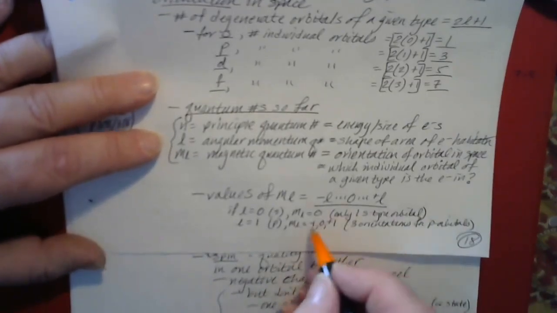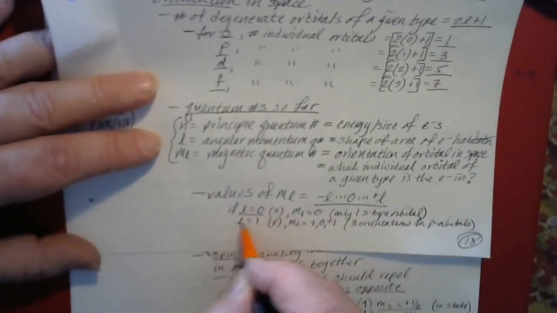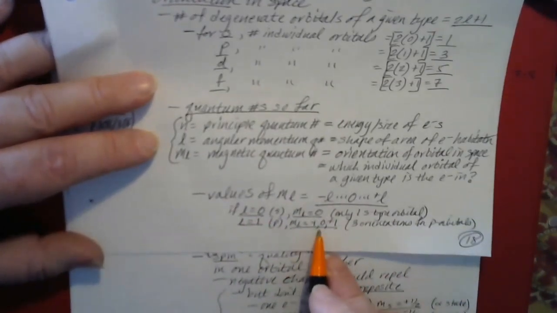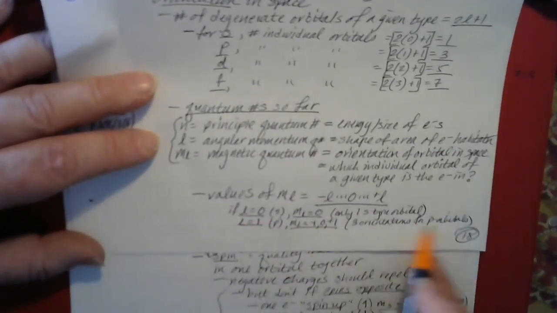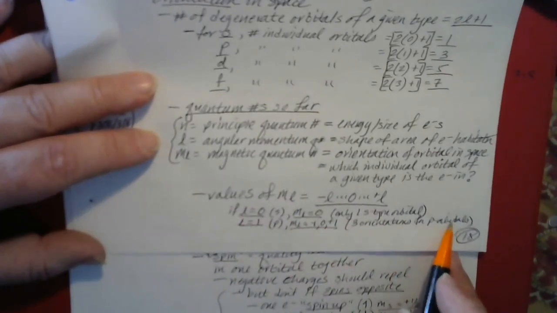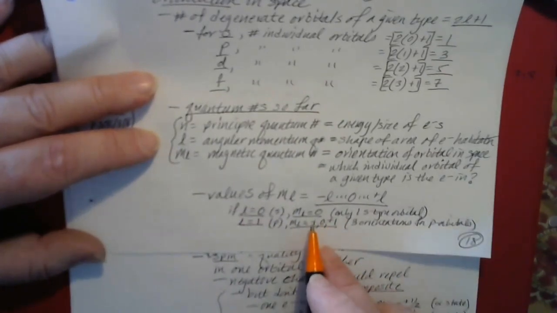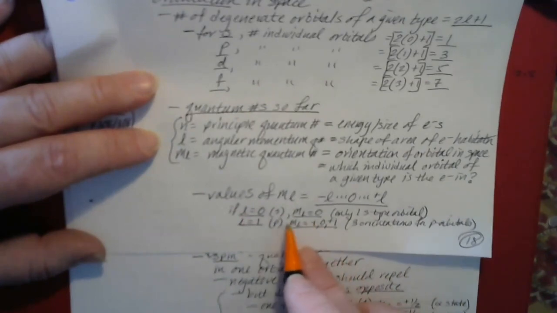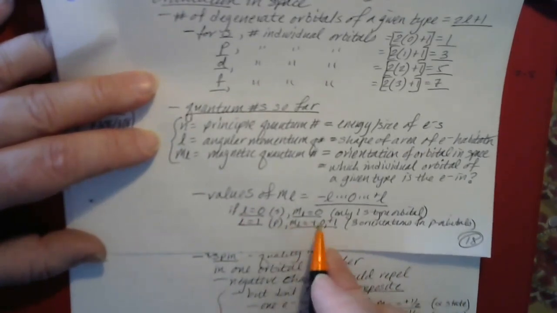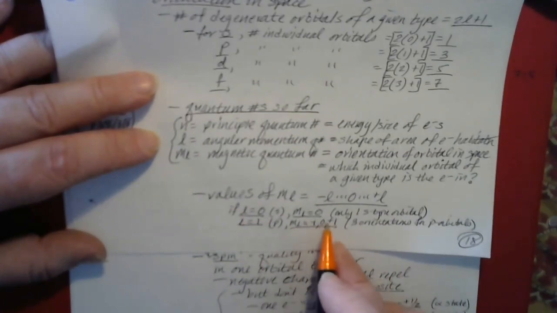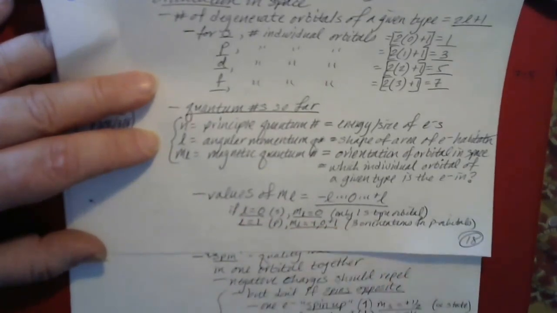And there are 3 possible values for M sub L. And that means there are 3 possible orientations for p orbitals. And each one of those orientations would have a corresponding number for M sub L. So one of these would be px, and one of them would be py, and the other would be pz.